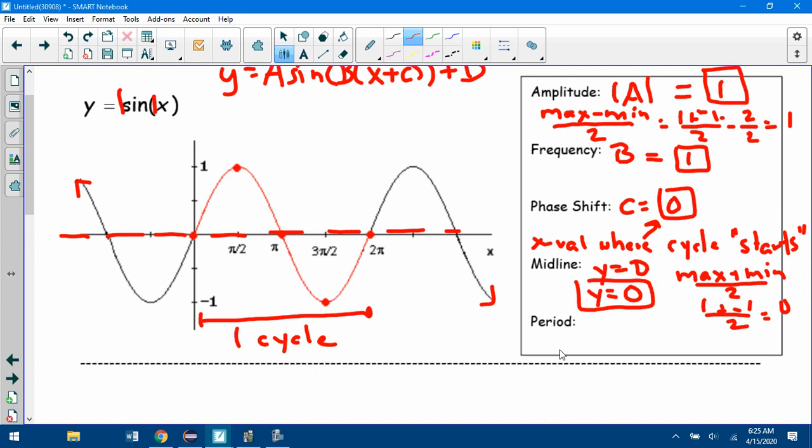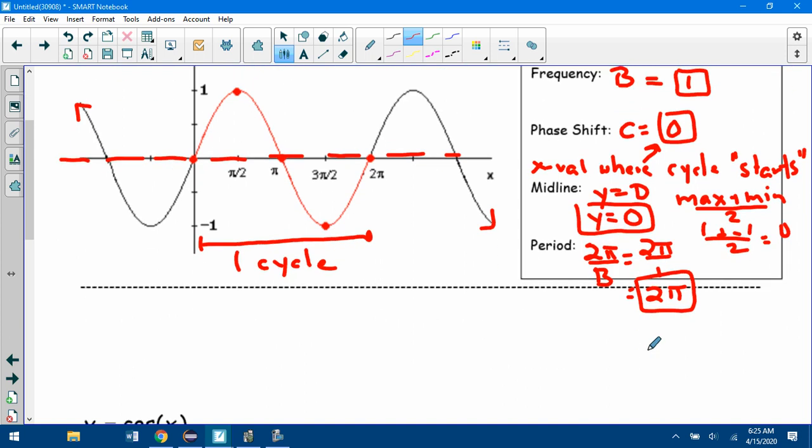And finally, the period, I said that was that last equation, 2 pi over b. Again, what's b here? B is the number in front of x, so that's 1. 2 pi over 1, I get 2 pi. And that is the length of one cycle. One cycle takes between 0 and 2 pi.